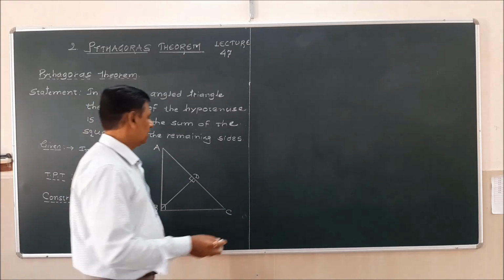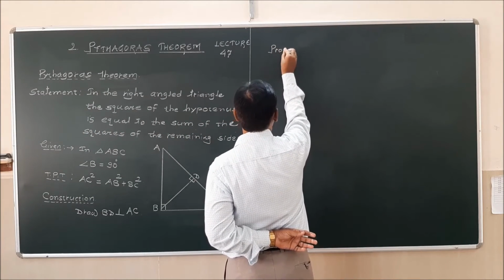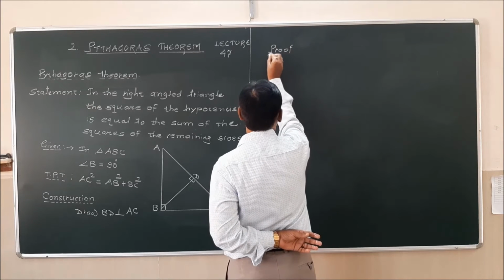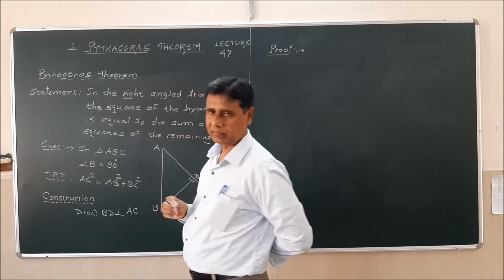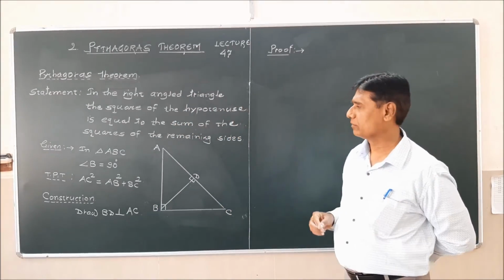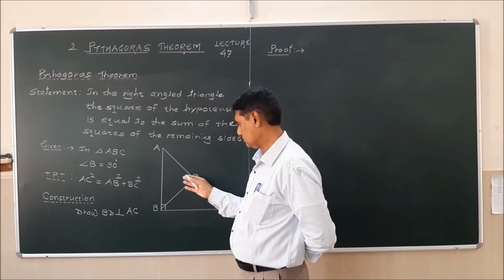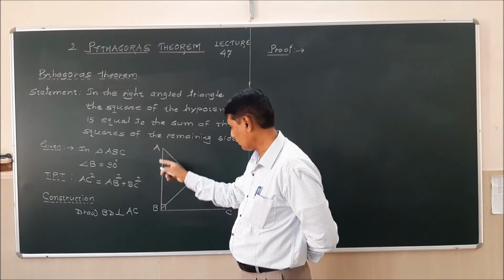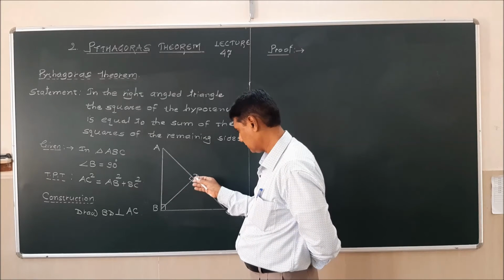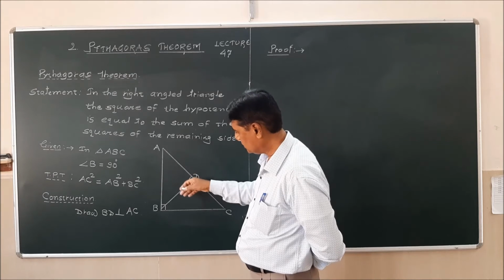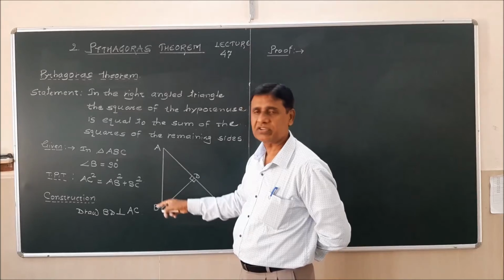Now proof as usual. You all have studied in the first set that the triangles formed on both sides of this perpendicular are similar to each other, as well as each one of them is similar to the original triangle.